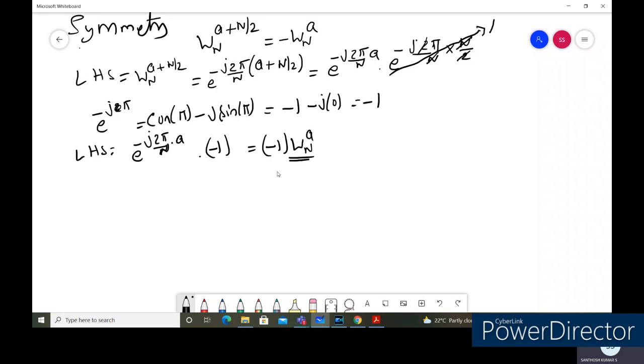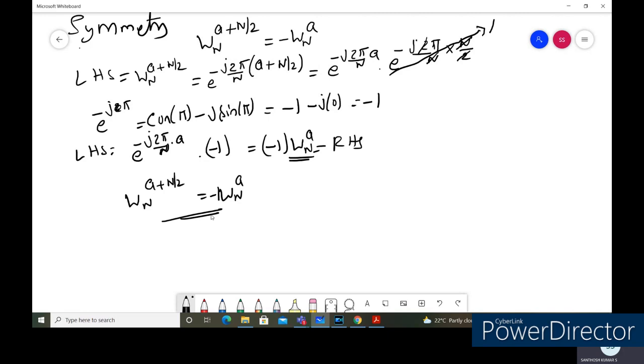This is equal to the RHS part: omega N to the power of a plus N by 2 is equal to omega N to the power of a multiplied by minus 1. This is the important property of the Twiddle factor, which is called the symmetry property.